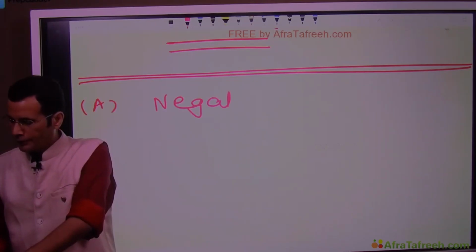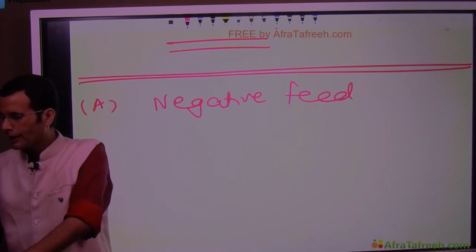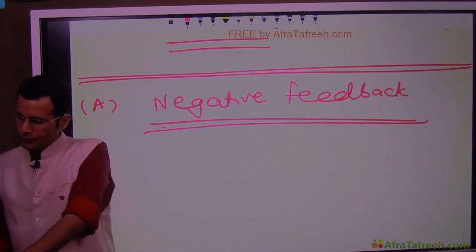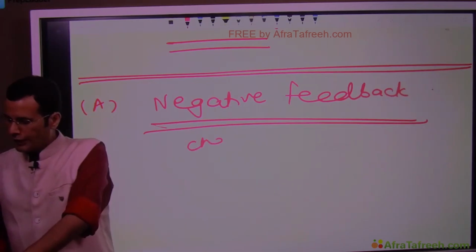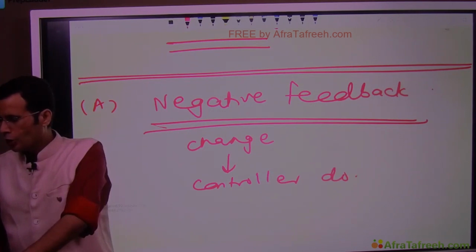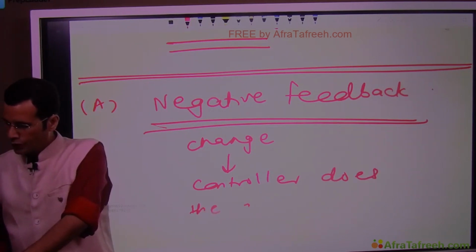Negative feedback. Negative feedback is the one in which when change occurs, disturbance occurs, the controller does the opposite.